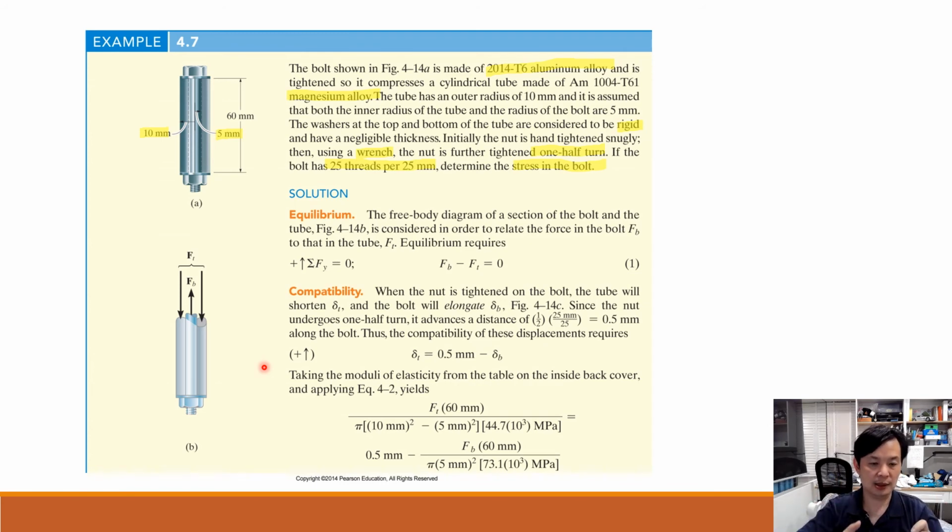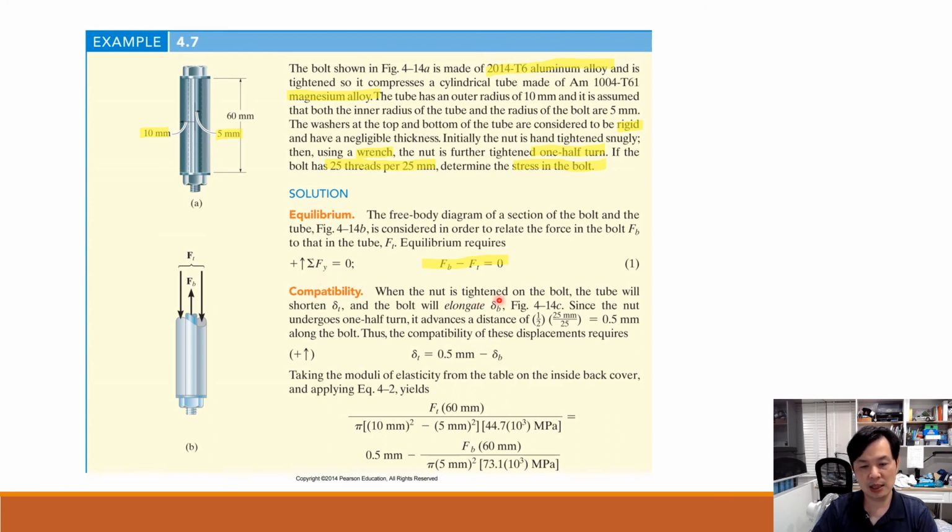When you tighten it, we know that the external part, the tube, will be subjected to compressive force, as we mentioned in the previous question. So Ft, the tube part, will be compressive, and the bolt is under tension. These two forces will be the same, so Fb equals Ft. However, since we only have one equation but two unknowns, we still need a compatibility condition.